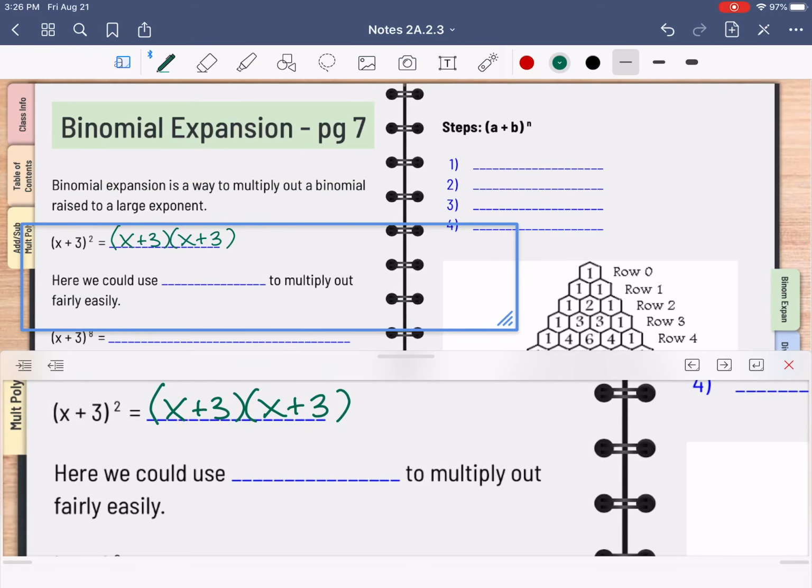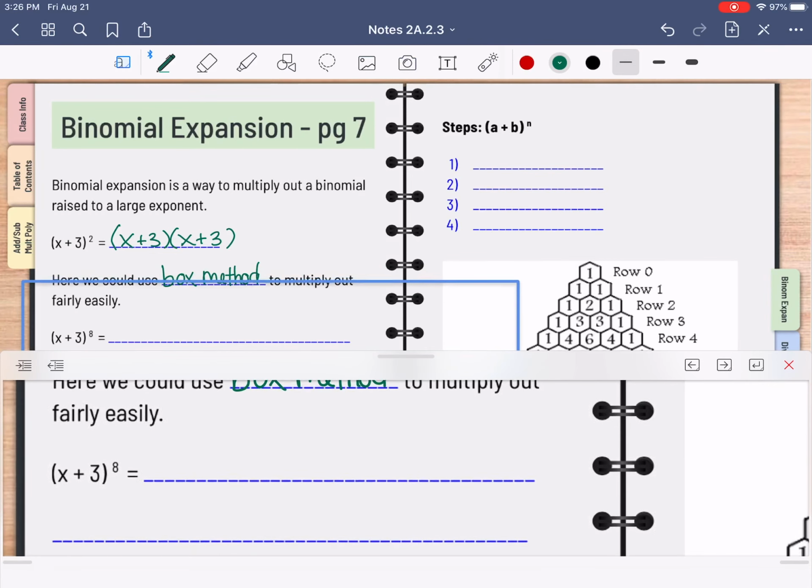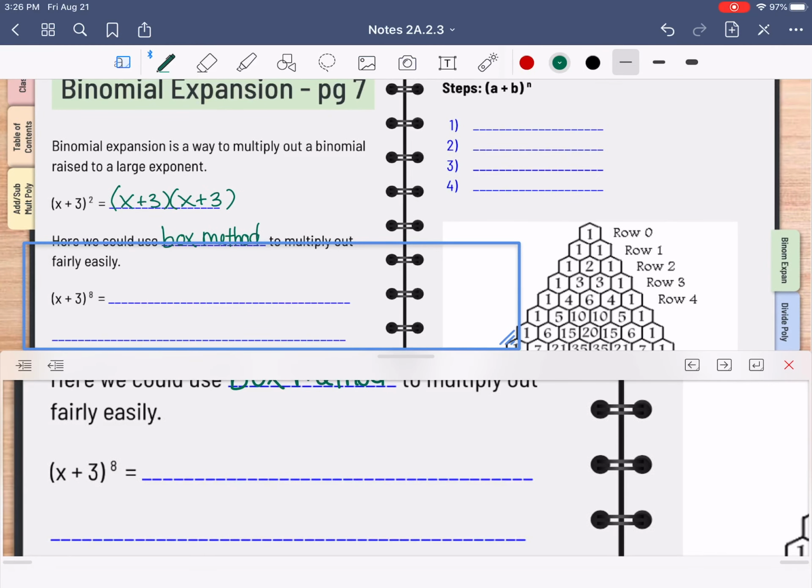Here, we could easily use box method to multiply this out. We would just get x squared plus 6x plus 9. But what if your problem said x plus 3 to the 8th power? What that means is you have x plus 3 times itself 8 times.